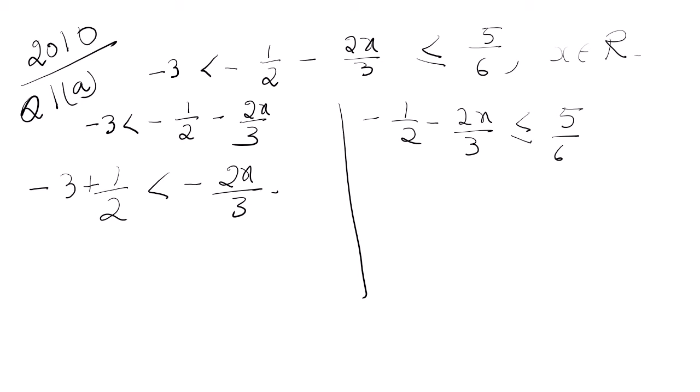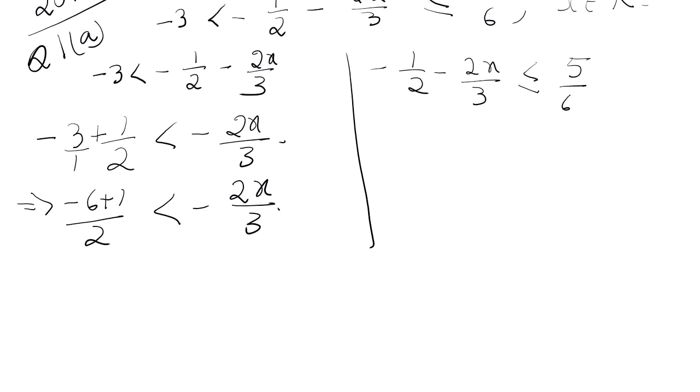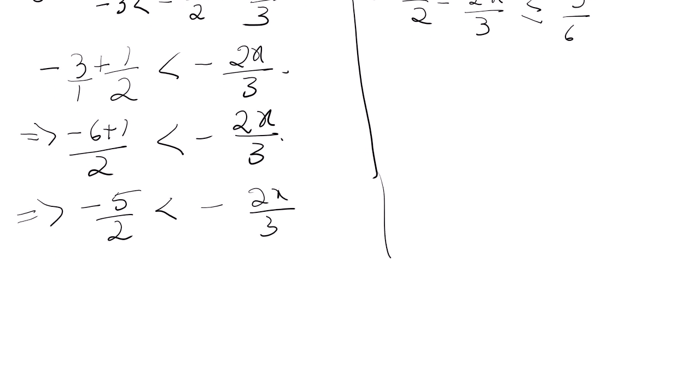Okay, so now this implies 2 into minus 3 minus 6 plus 1 upon 2 is less than minus 2x upon 3. So this implies minus 5 upon 2 is less than minus 2x upon 3. Now in order to get x, we have to multiply this by minus 3 upon 2.